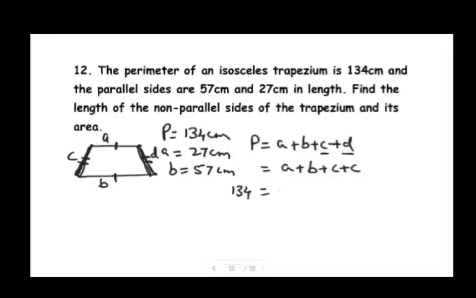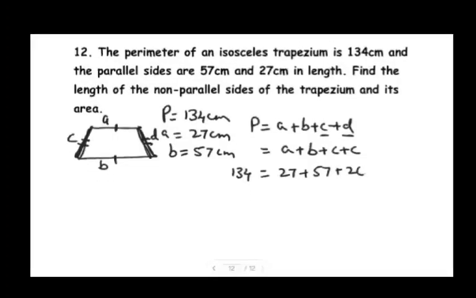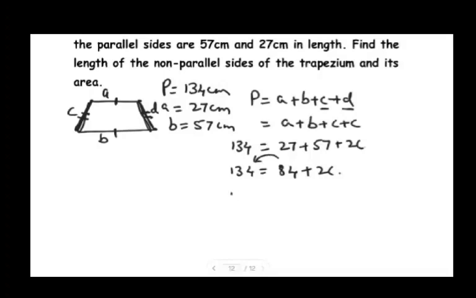A is 27, B is 57, and here I'll write 2C, 1C plus 1C. 134 is equal to 27 plus 57, which is 84, plus 2C. 84 goes to the other side. 134 minus 84 is equal to 2C. 2C is equal to 50, so my C value is 25 centimeters.